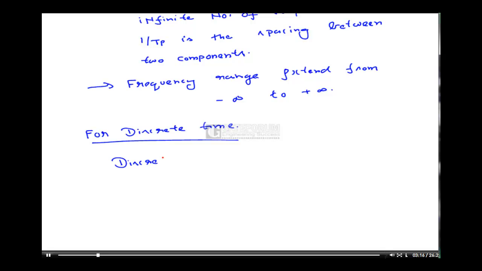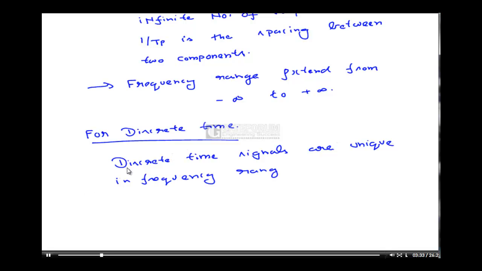That means discrete time signals are unique in the frequency range minus pi to plus pi, or we can say 0 to 2 pi.